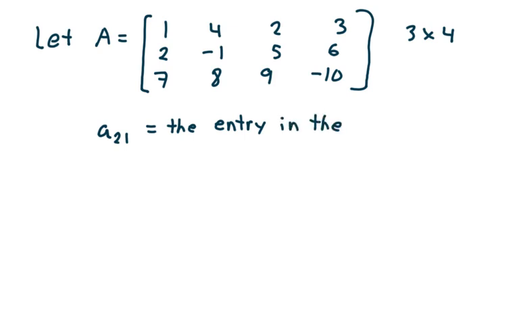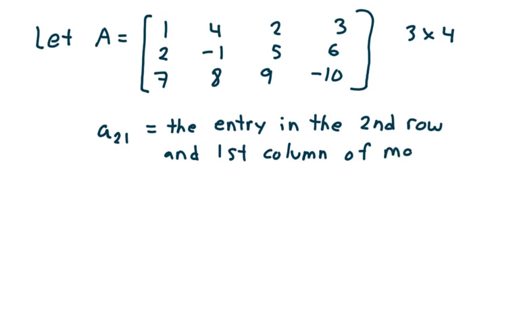In the second row and first column of matrix A. Well, if we look, that tells me A sub 2, 1 is going to equal 2. That's in the second row, first column of the matrix.